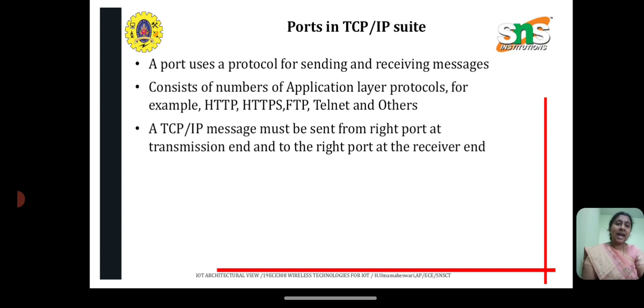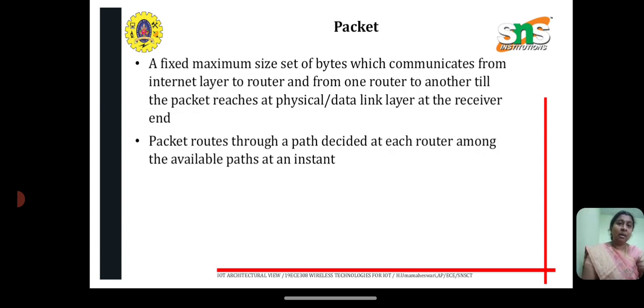A TCP/IP message must be sent from the right port at the transmission end and to the right port at the receiving end. Packet: a fixed maximum size set of bytes which communicates from the Internet layer to the router and from one router to another till the packet reaches the physical or data link layer at the receiver end.